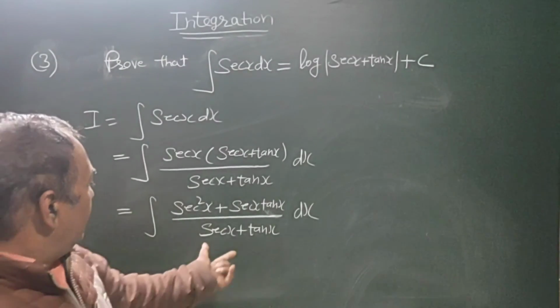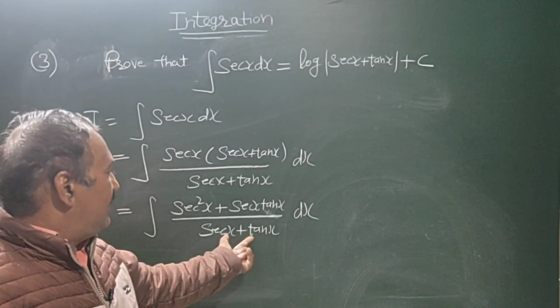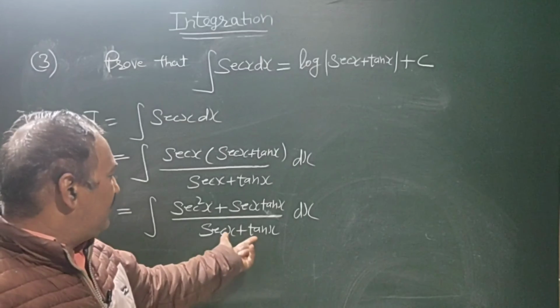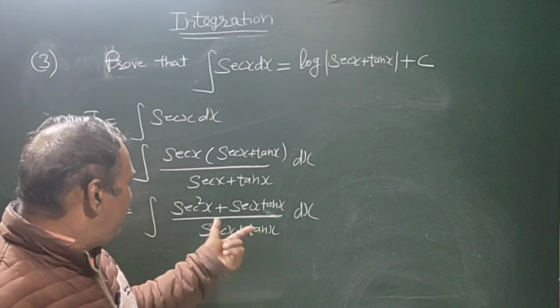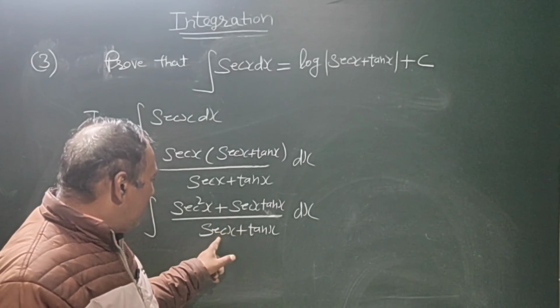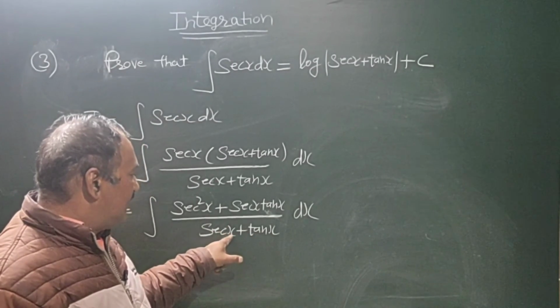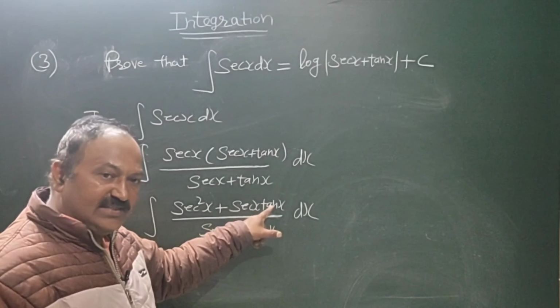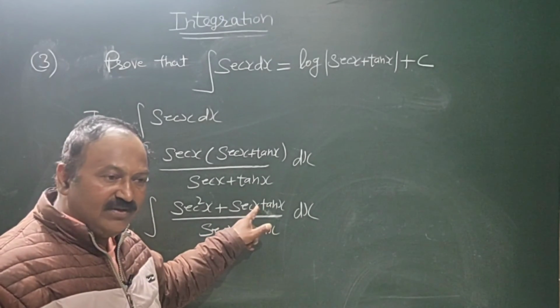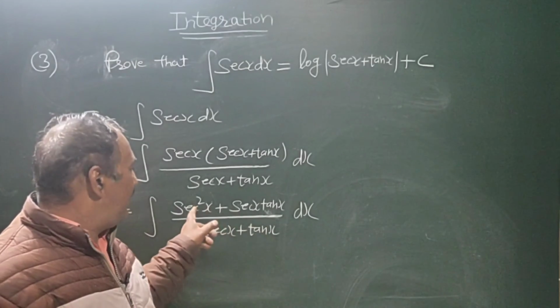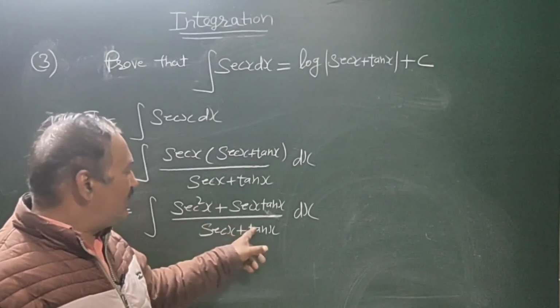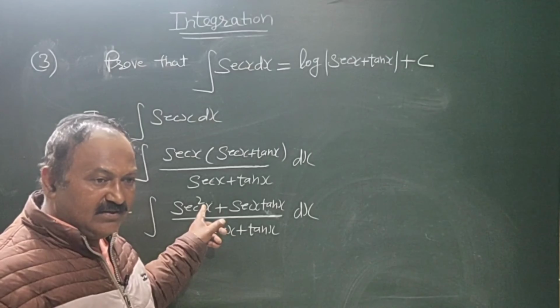Now, in the denominator we have secant x plus tan x. If we substitute secant x plus tan x as z, then after differentiation, derivative of secant x is secant x into tan x, which is present in the numerator, and derivative of tan x is secant square x, which is also present in the numerator.